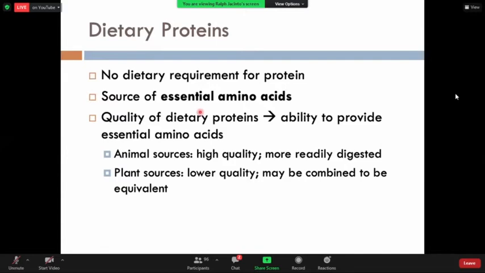So they would say that animal sources would be of higher quality because they are able to provide more of the essential amino acids. And at the same time, they are more readily digested as compared to the plant sources, which are of lower quality, meaning to say the amount of essential amino acids is not that high. Okay.